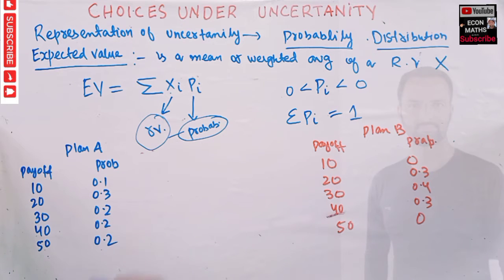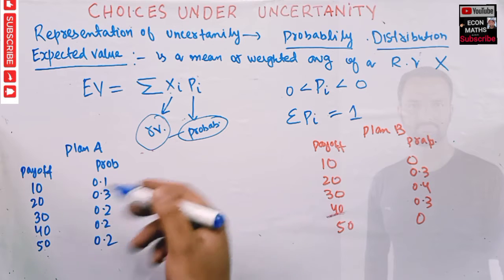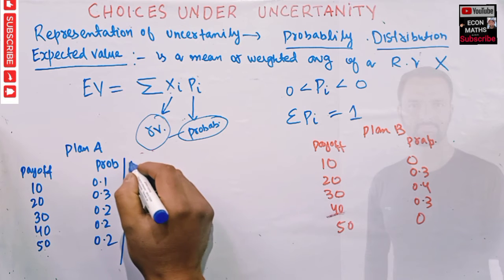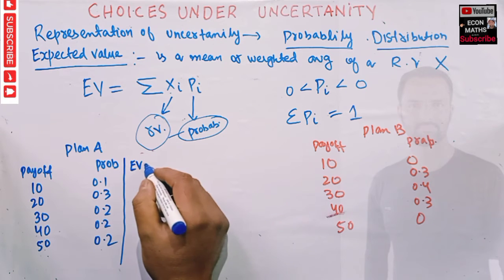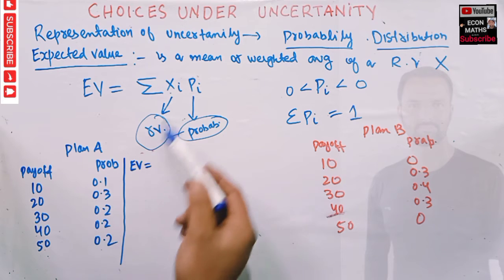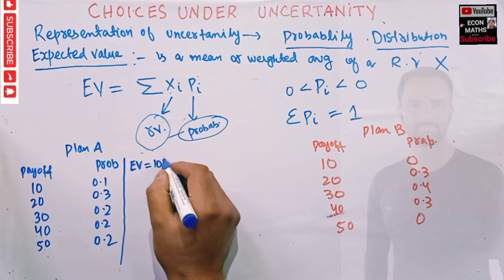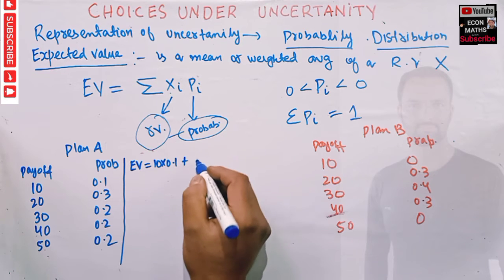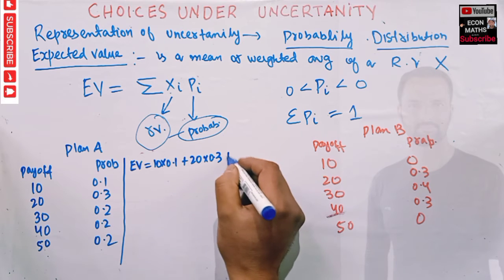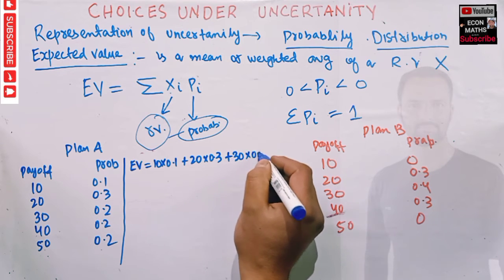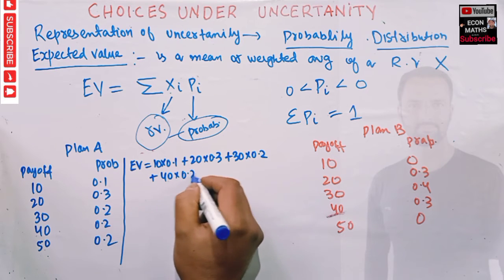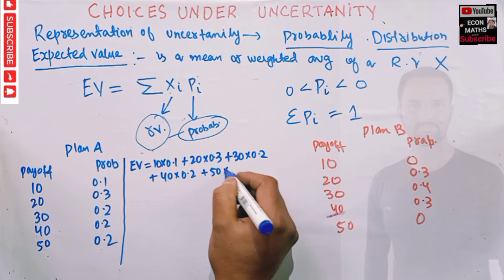Okay, now what is the expected value, what we call the expected monetary benefit? I will call it expected value here. What is expected value in this case? Expected value in this case will be, we multiply each random variable with the probability associated using this formula. So this is 10 into 0.1 plus 20 into 0.3, plus 30 into 0.2 plus 40 into 0.2 plus 50 into 0.2.